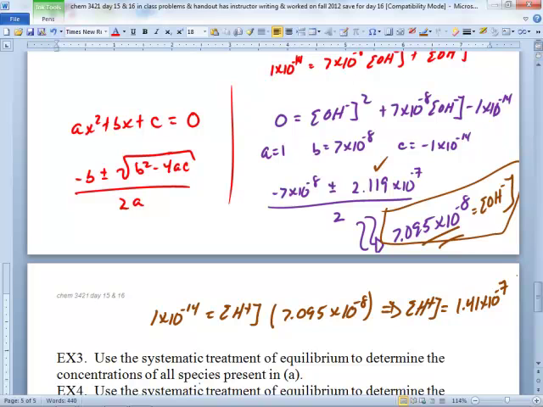You end up adding. I see. Okay, so this is the concentration of H.